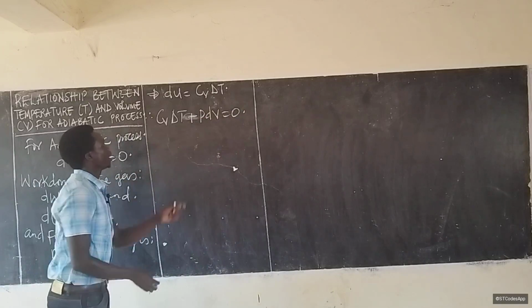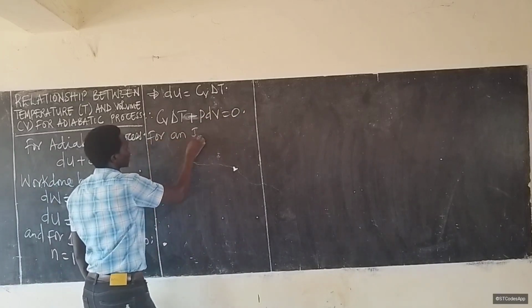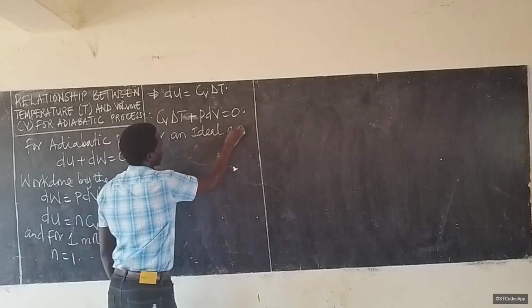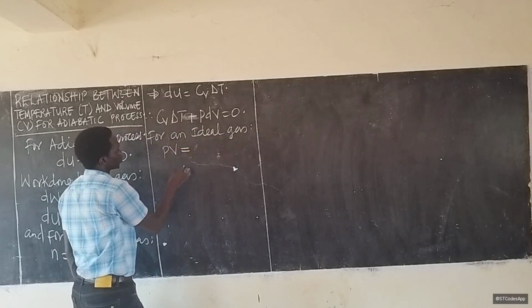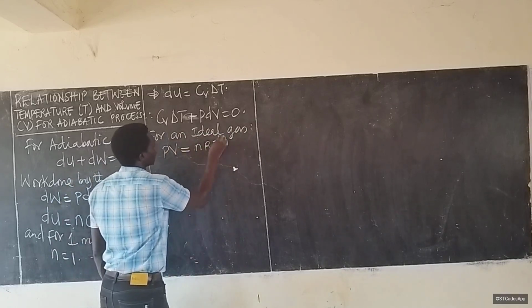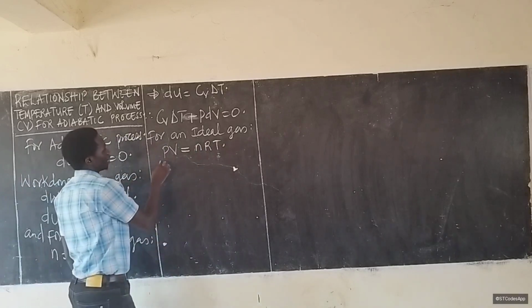So here, for an ideal gas, we know that PV equals nRT, the equation of state, or the ideal gas equation.